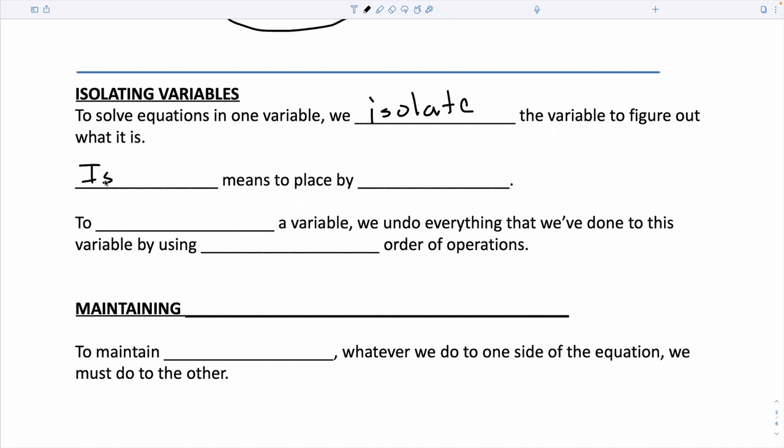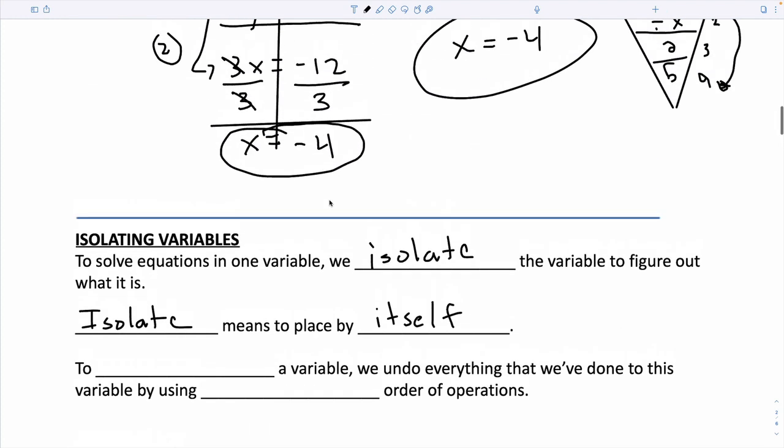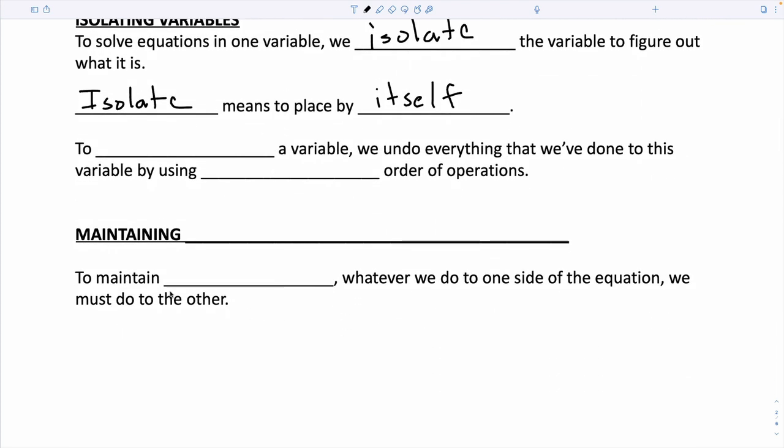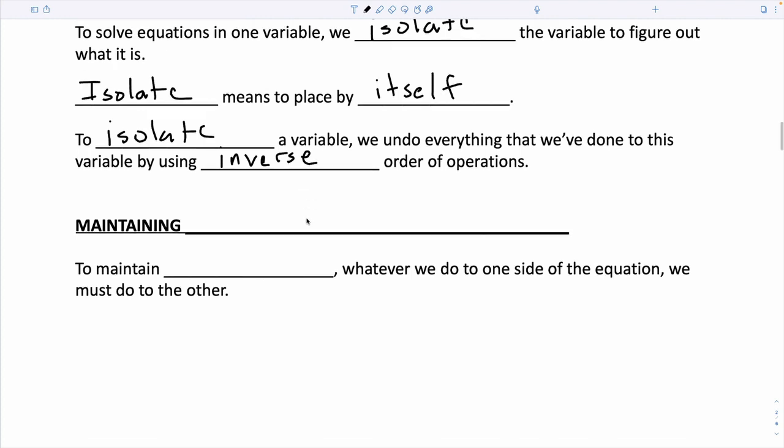To isolate it, we're always trying to get it by itself. It's got to be on one side, which is why we draw this line. To isolate a variable, we do inverse operations, meaning we undo everything we've done to this variable by using the inverse. Inverse means opposite.